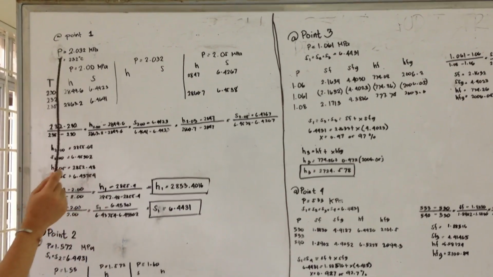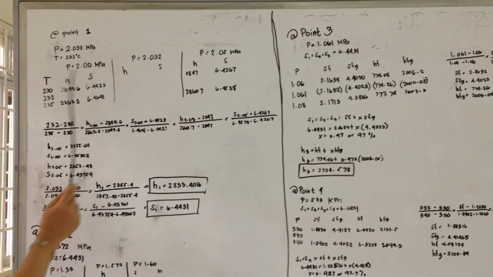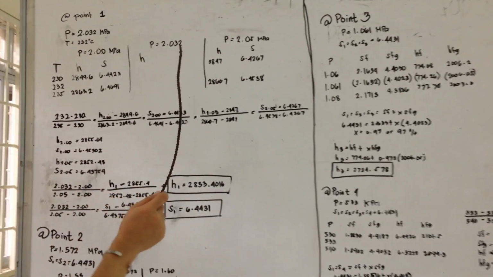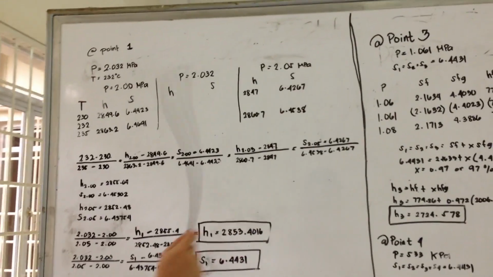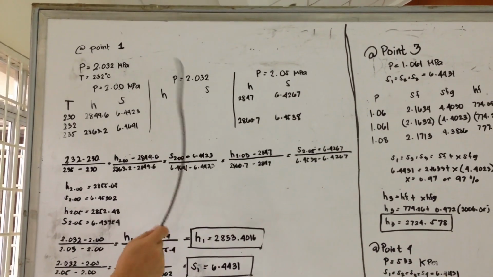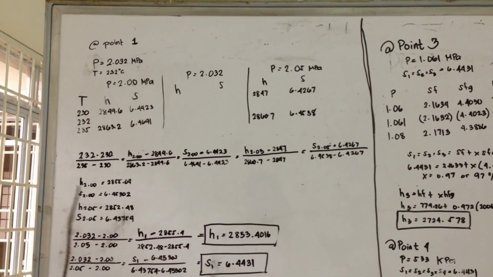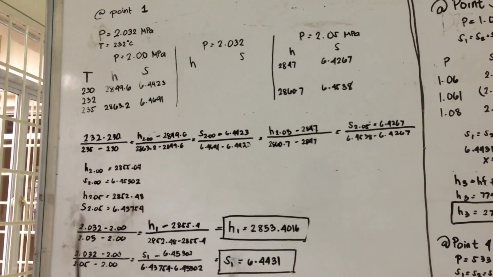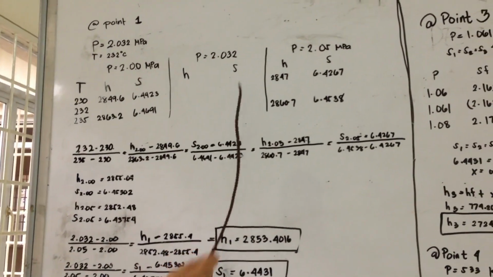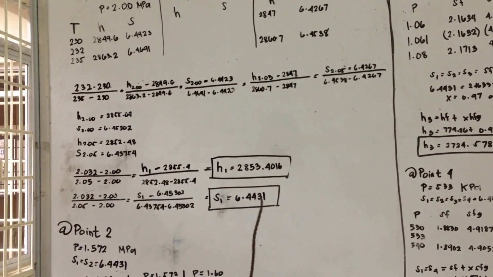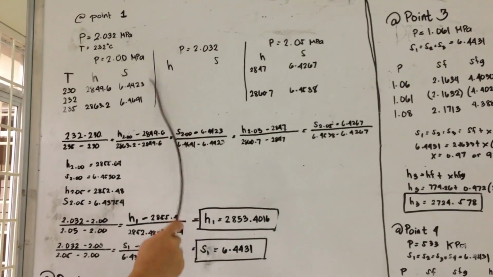Using this point first, we can get the entropy here and enthalpy here. After we get the entropy and enthalpy here, we can use already the pressure 2.032, so we can get this entropy and enthalpy. The final solution of this is 2853.4016 and 6.4431.